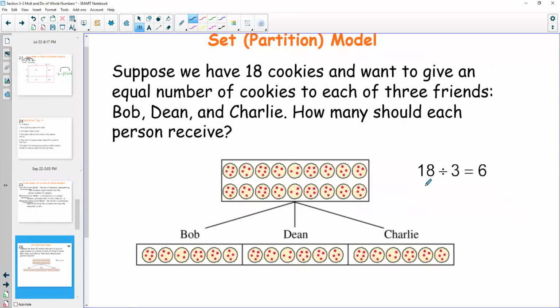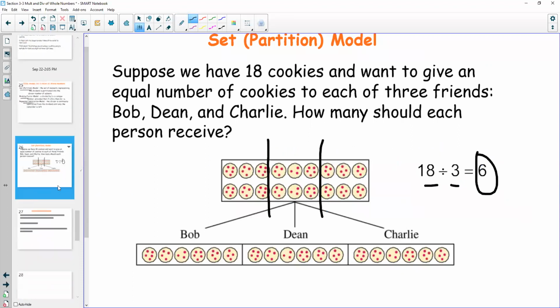We can divide 18 into 3 groups, and each friend gets 6. Division. This is partitioning a set. I had 18 in my set, and I divided it into 3 equal groups. Okay?